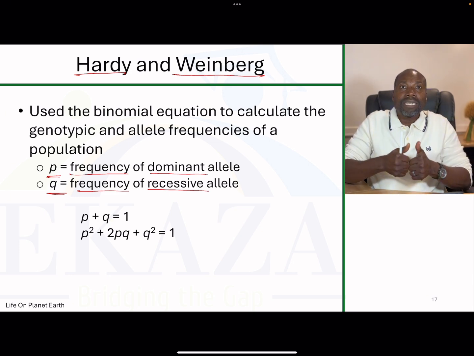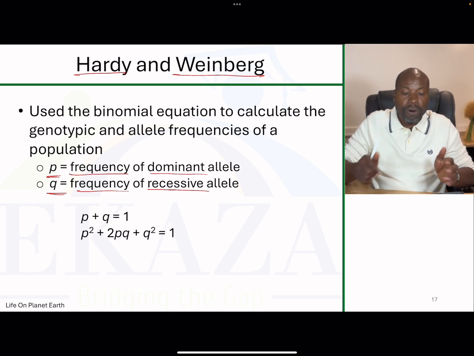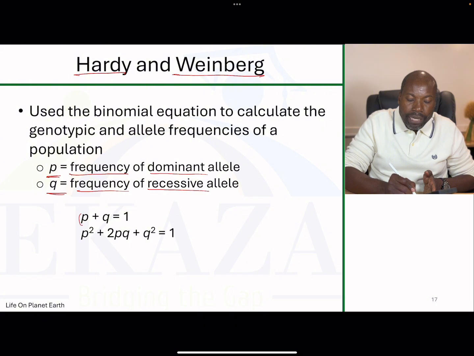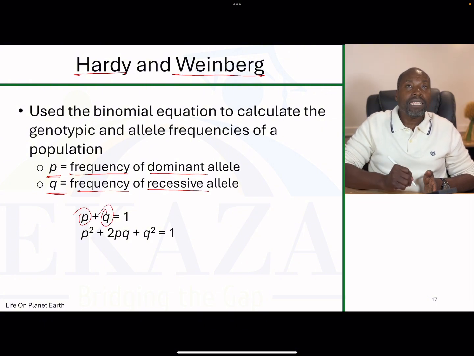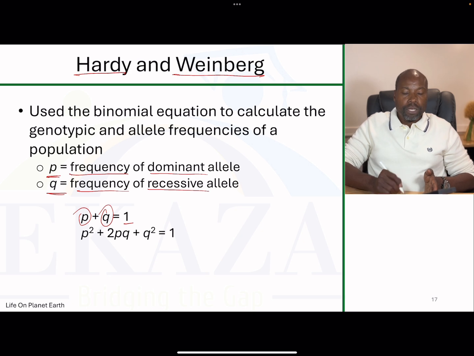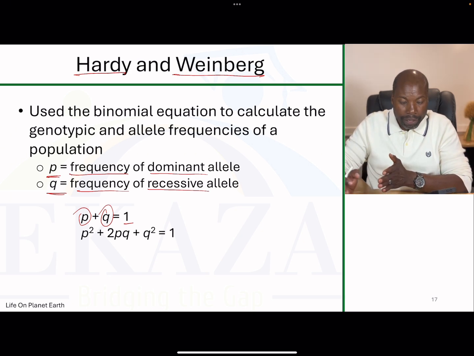So that individual is one single individual. Therefore, one allele from mom, one allele from dad, that makes it one individual, right? So P plus Q equals 1.